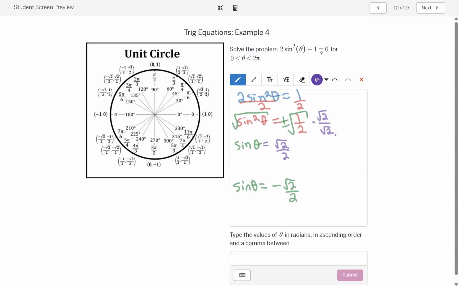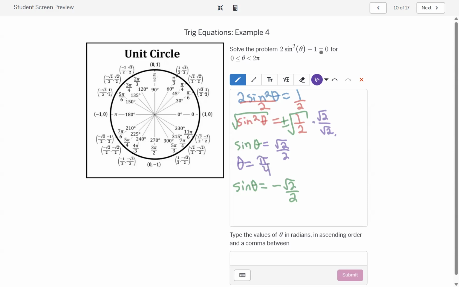So what two angles have a sine of square root of 2 over 2? Yep. But because up here they say theta is between 0 and 2 pi, we're going to go with the radian measures. But if you want to write degrees on your paper and then just trade it out for the radians, that's fine as well.